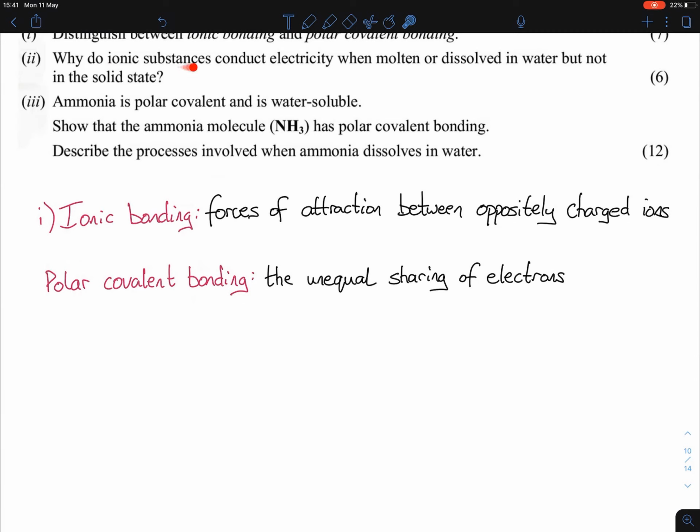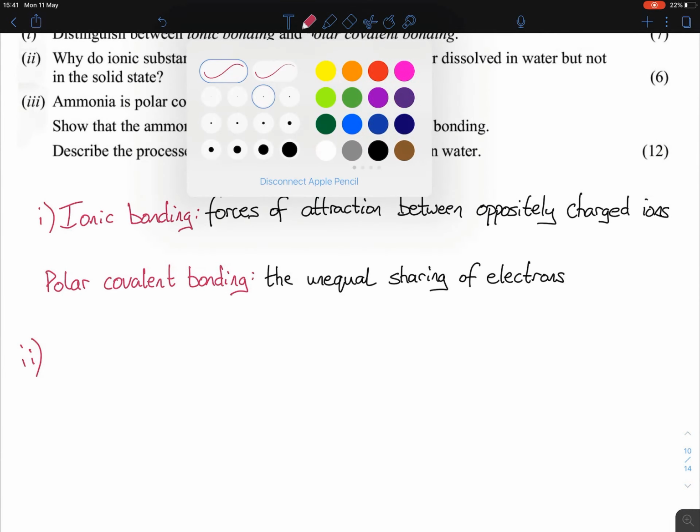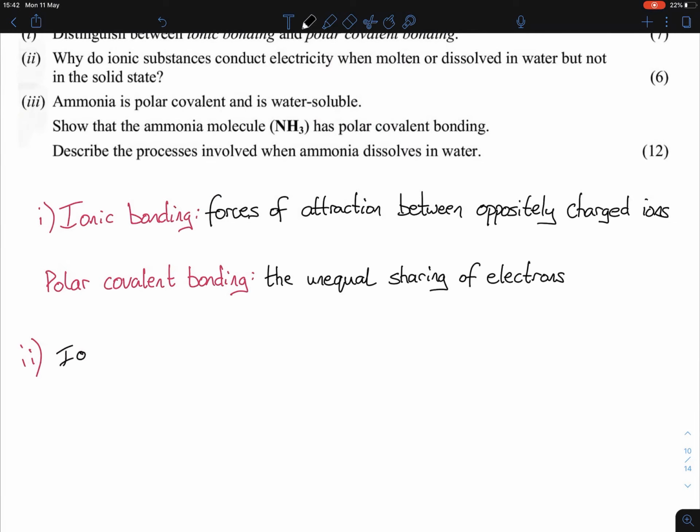Now, why do ionic substances conduct electricity when molten or dissolved in water, but not in a solid state? So what's happening there? Well, when they're in a molten or dissolved state, okay, the ions are free to move. So that's what you say. Ions are free to move. And if they're free to move, they're free to pass on their electrical charge.